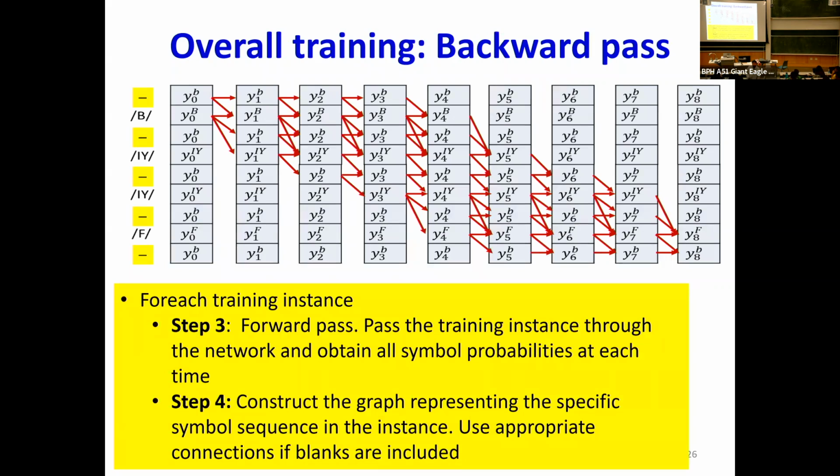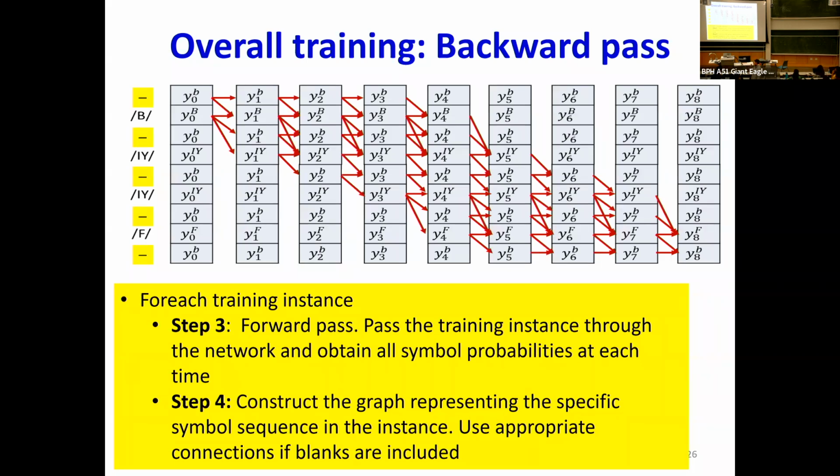The blanks are going to mandatorily occur between repetitions of a symbol, but are optional between symbols that do not repeat. And so if you look at the edges in the graph, you never have a connection from a blank to another blank further down. So from blank rows, you only have 2 outgoing arrows. From the other rows, you have at least 2 outgoing arrows. And if the subsequent symbol is not the same symbol as this one, then you have 3 outgoing arrows.